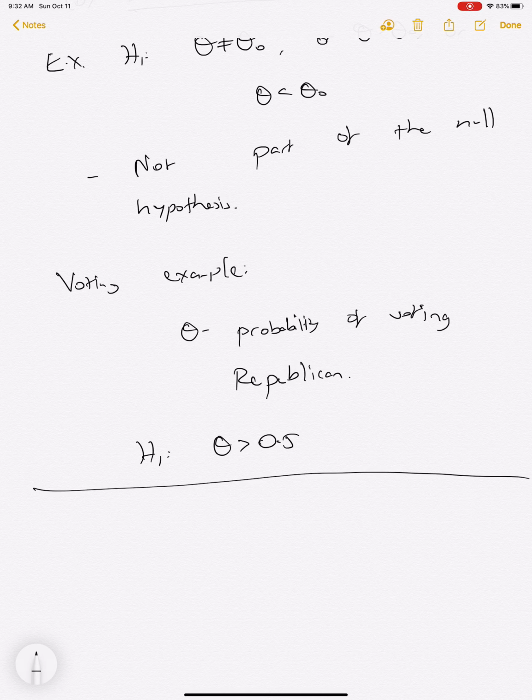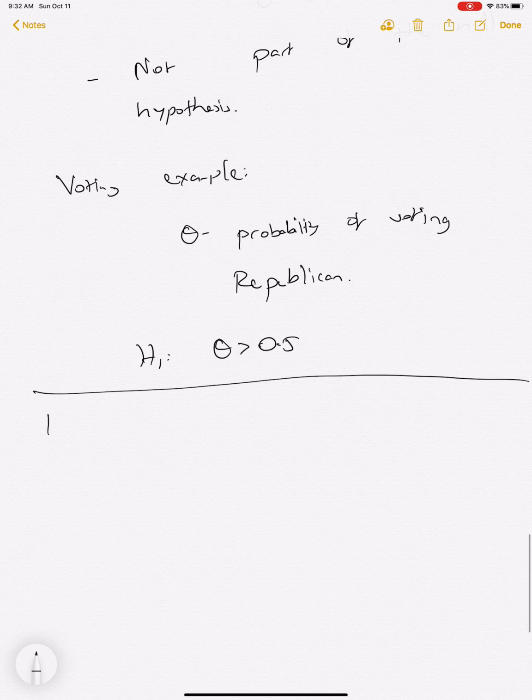So the way to interpret this is that the null hypothesis is a baseline belief.